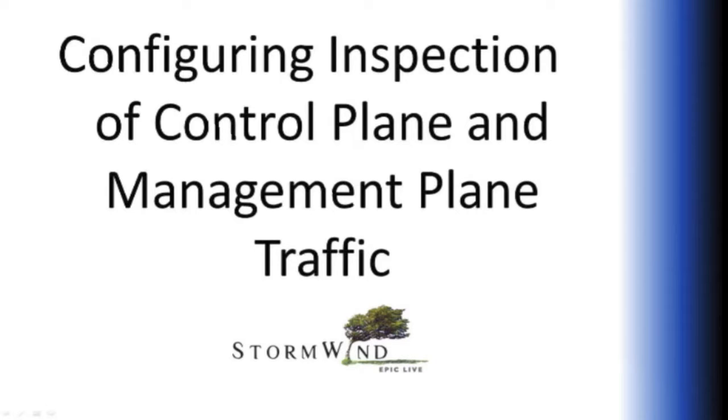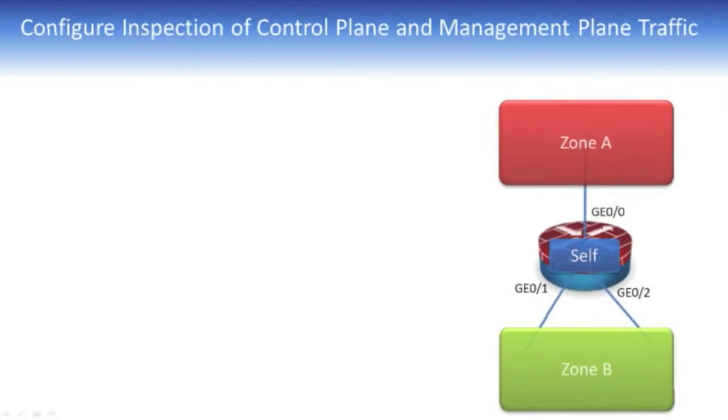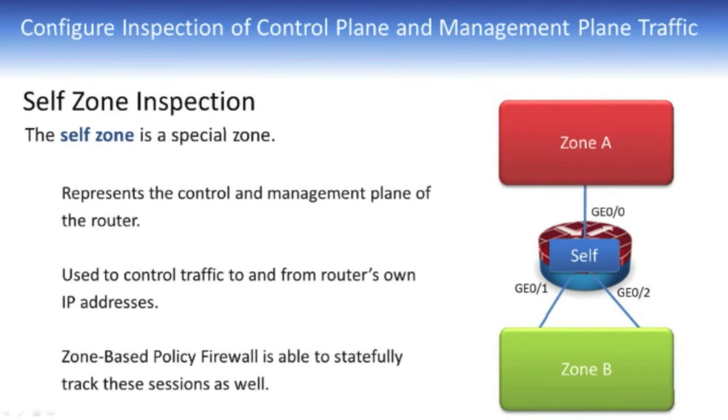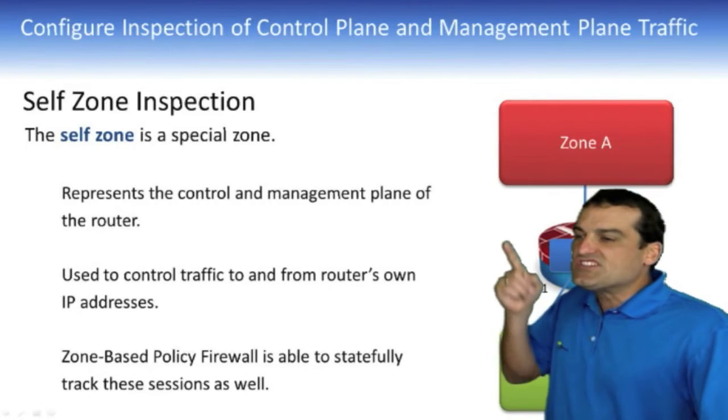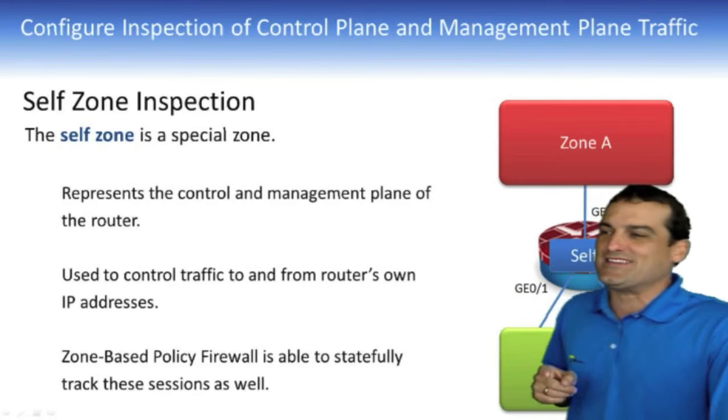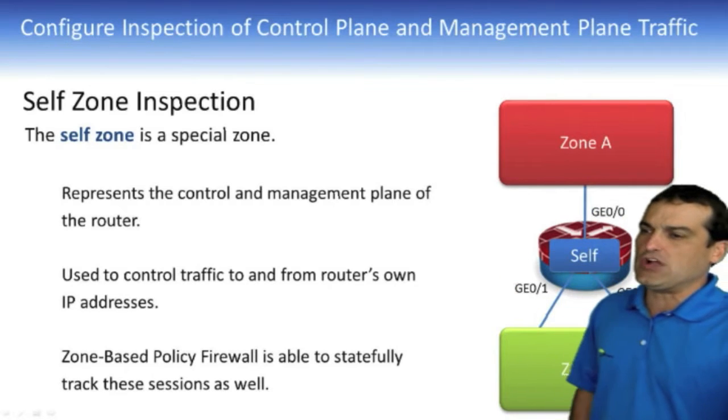First, control plane and management plane traffic. Yeah, there is this SelfZone, and it's certainly what we would use to deal with the control and management plane of the router. Again, traffic going to the router and from the router's own IP addresses. You see, the zone-based firewall is able to statefully inspect this traffic thanks to the SelfZone.